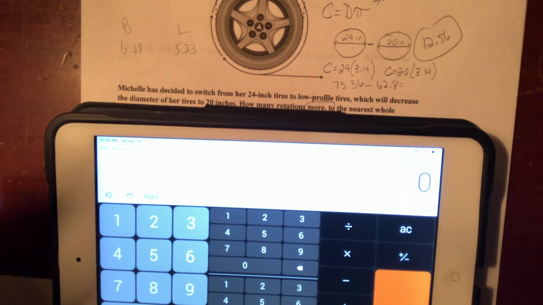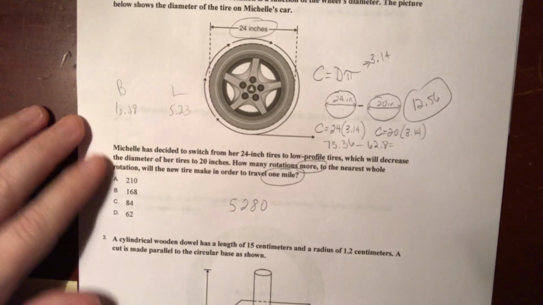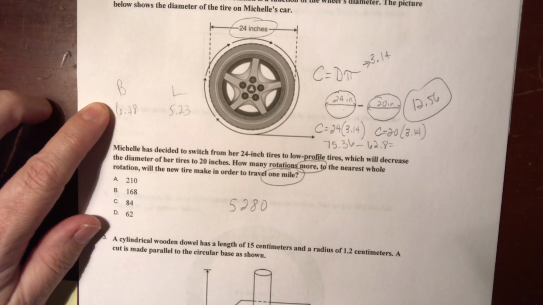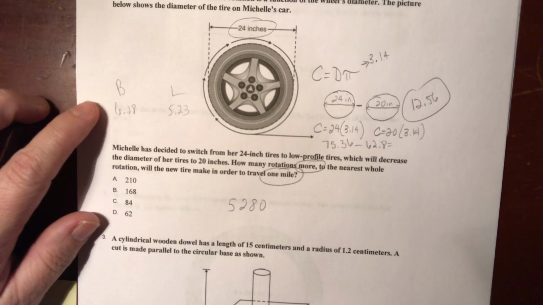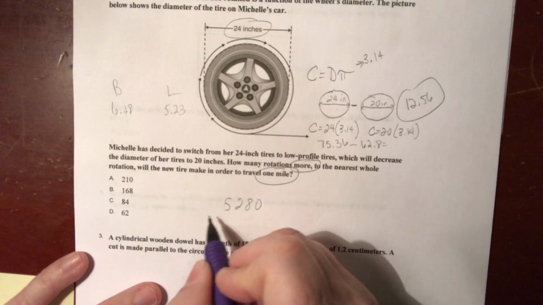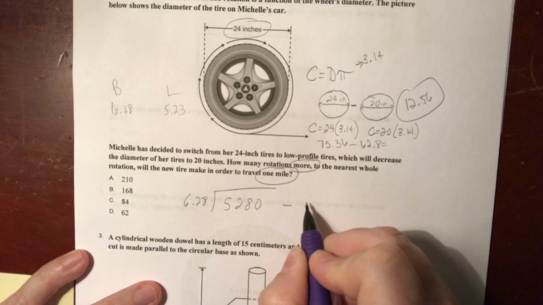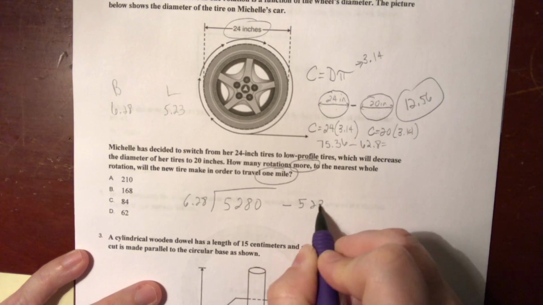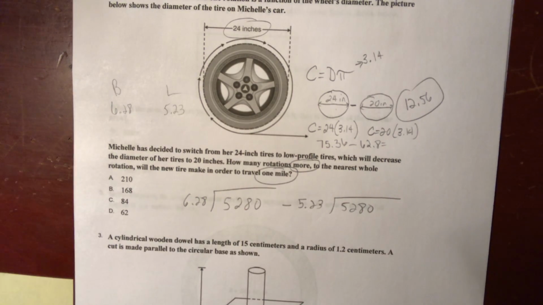All right, so this means these numbers are the feet of going all the way around the tire. So now we're going to divide this number by these two. I hope. We'll find out. I'm feeling a little lost.